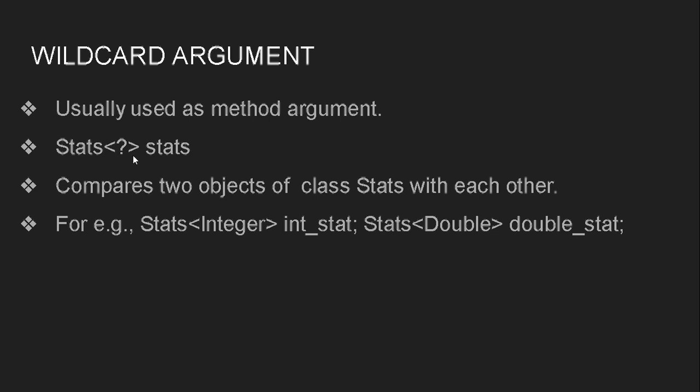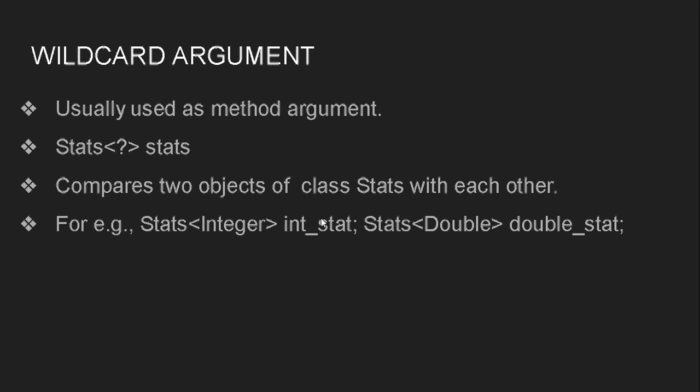Now why is this wildcard argument used? This will be more clear when I use the IDE, but generally I use this wildcard argument because I want to compare two objects of a class with each other. In this case I am comparing two objects of the same class Stats with each other.